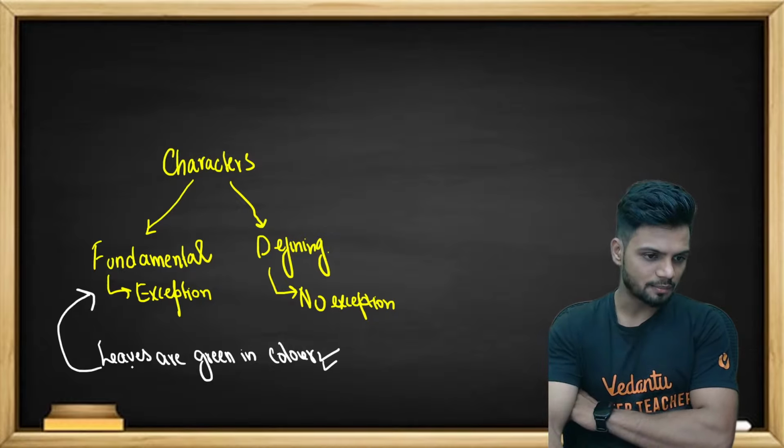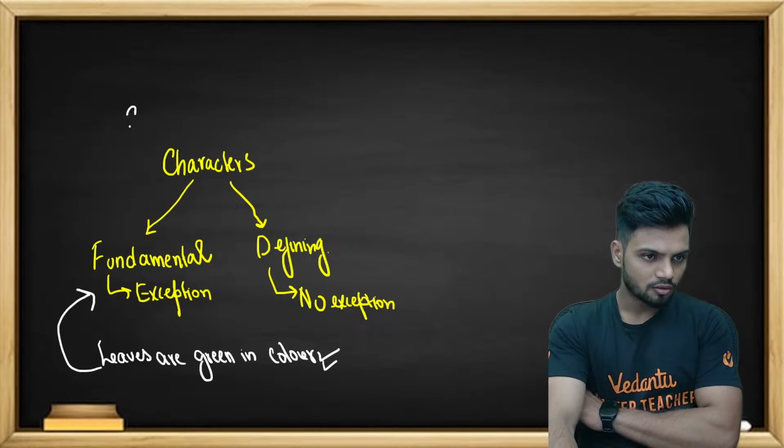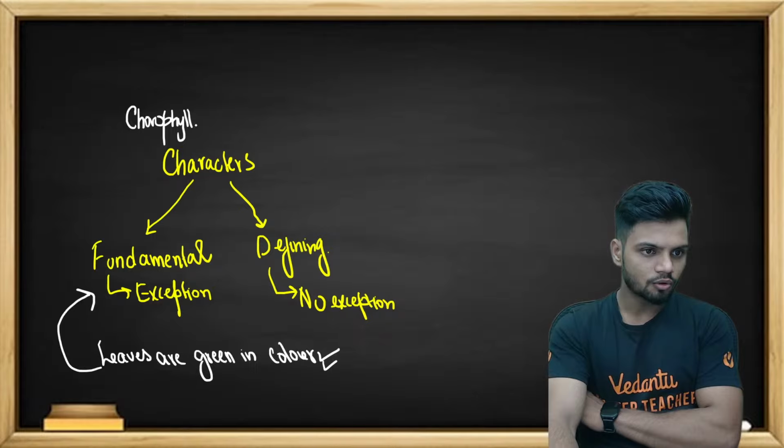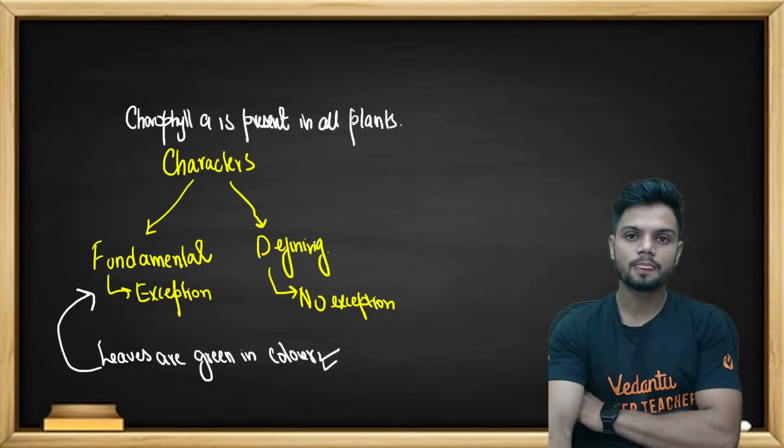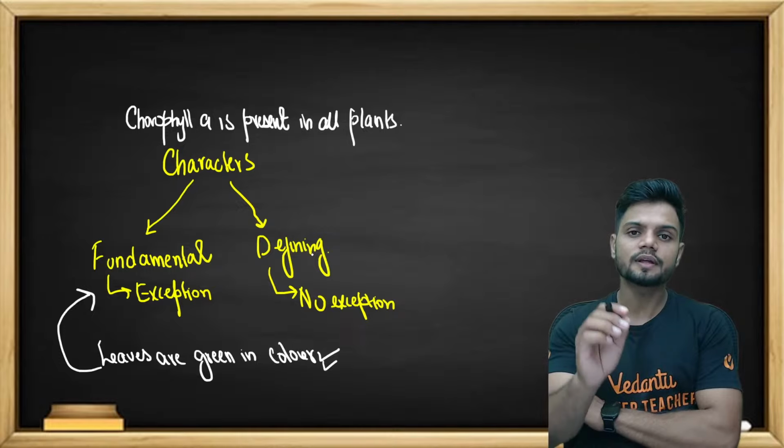Now I'll give you one more statement. Chlorophyll A is present in all plants. All of you know chlorophyll A is a universal pigment. Chlorophyll A is present in all the plants without exception.